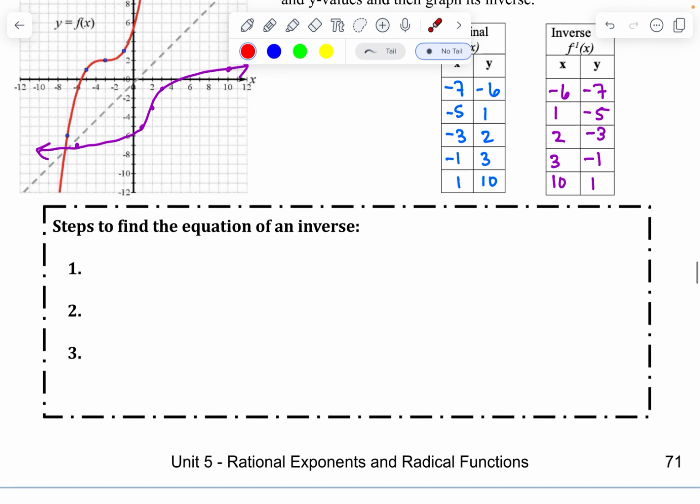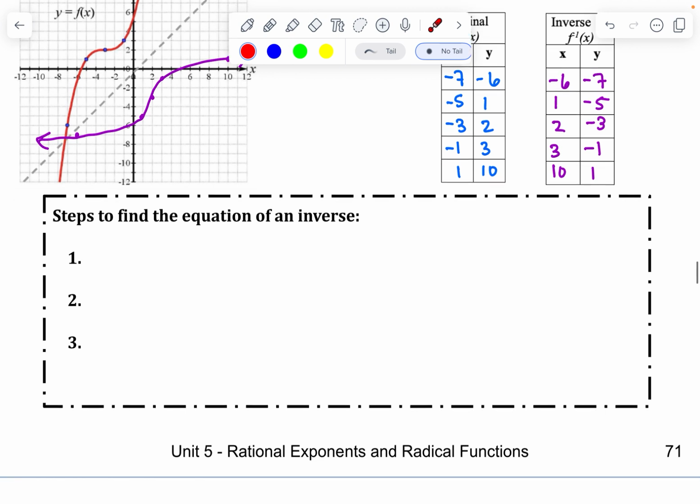Now if we want to find the equation of an inverse, we have 3 steps. So the first thing is, if it's in function notation, we want to switch it out to y equals. So remember, function notation is when we have like f of x equals.